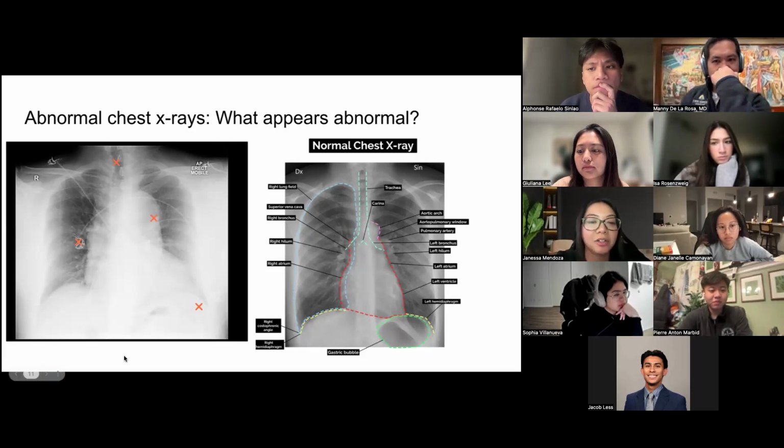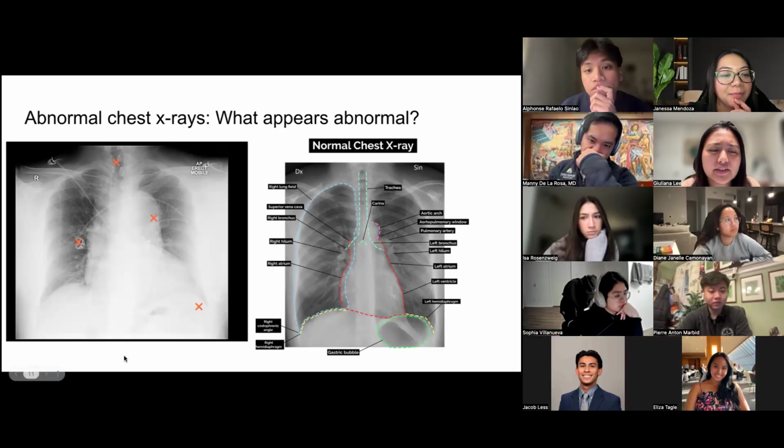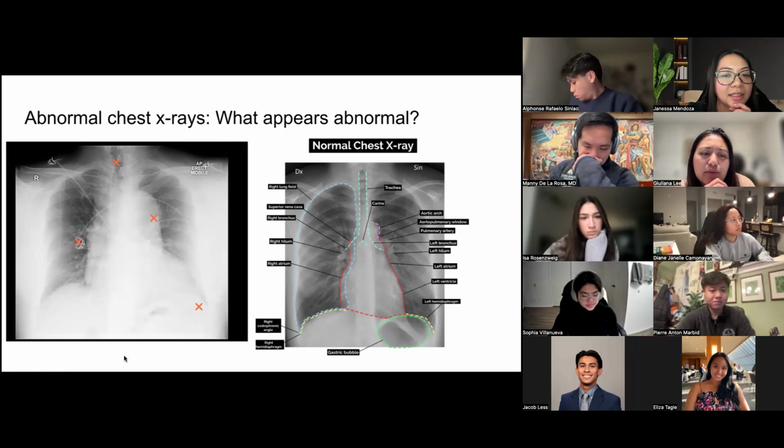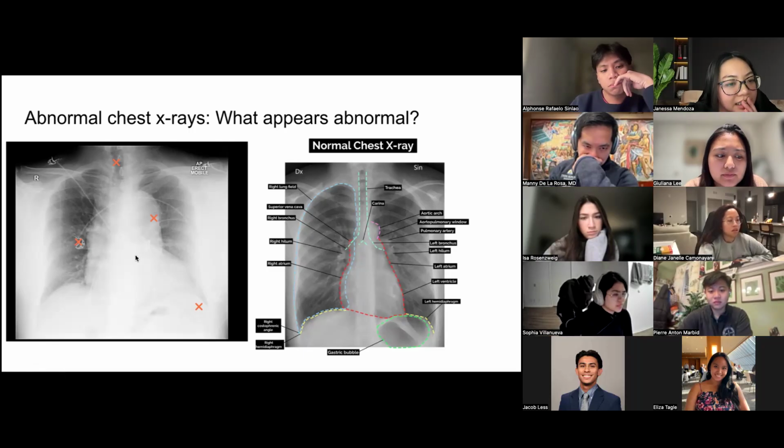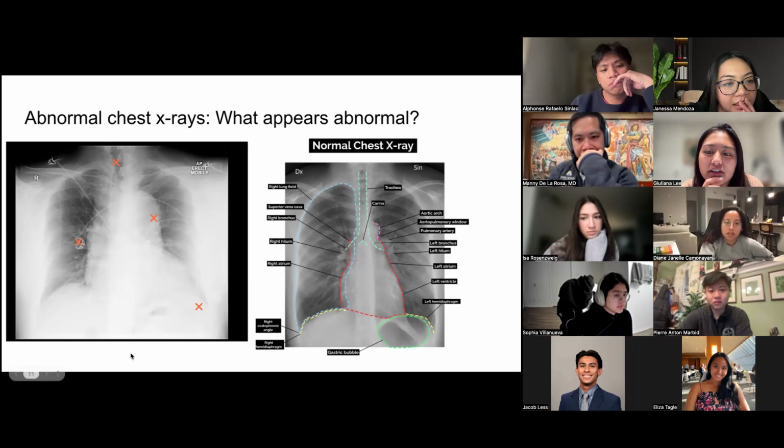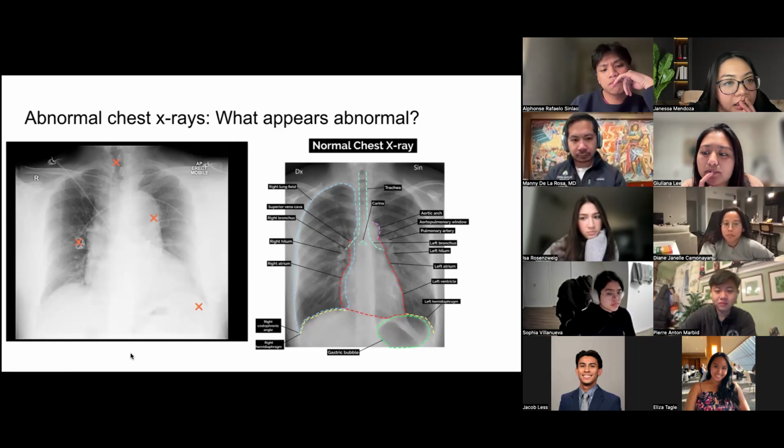It looks like left atrial enlargement of some sort. Yeah, there's definitely something weird going on with that border. Does anyone have any other ideas of what anatomically that could be? It is in the area of the atrium, I agree. But is that a widened mediastinum?